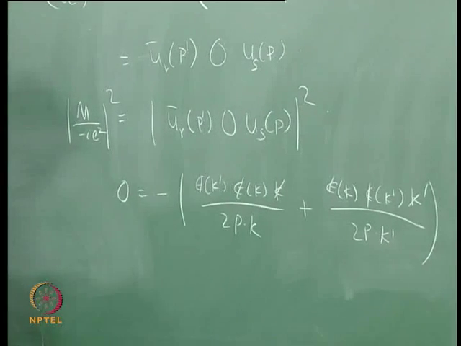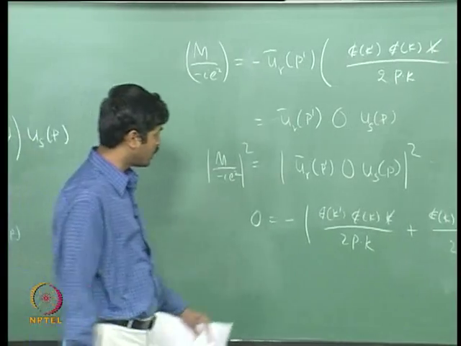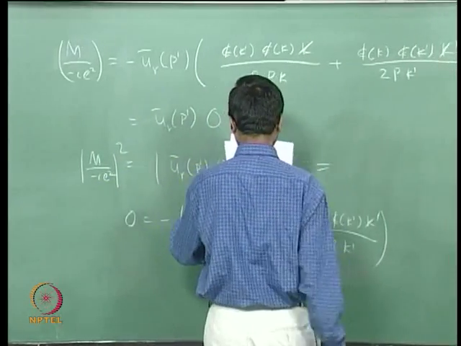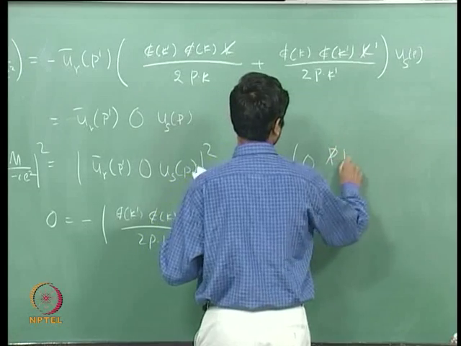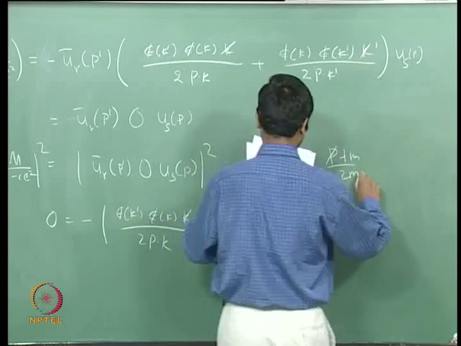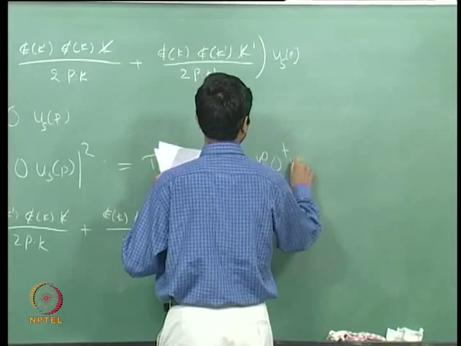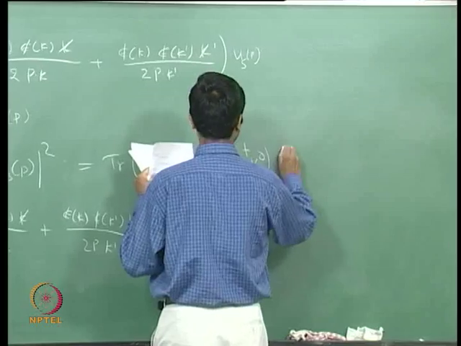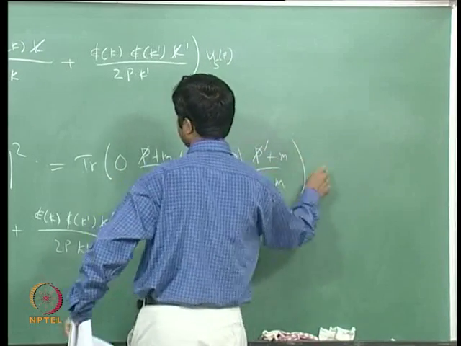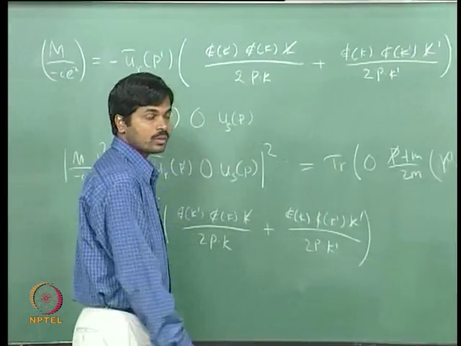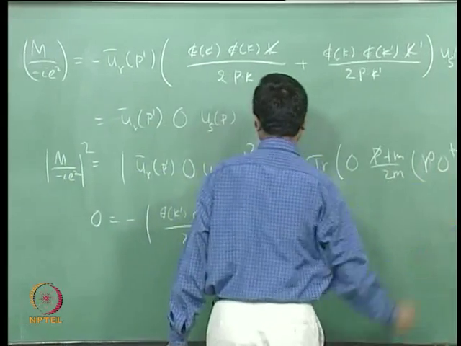So what we will do is evaluate this, and then we will show that this quantity is actually equal to the trace of O (p-slash plus m) over 2m, gamma 0 O dagger gamma 0, (p prime-slash plus m) over 2m. This is what we will be showing in the next lecture, and then we will evaluate this trace here.